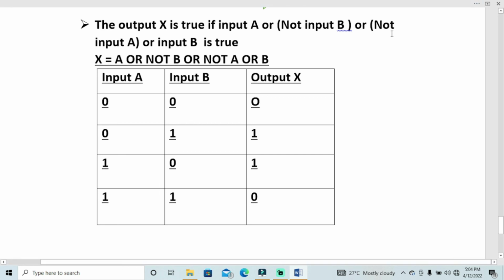So it follows this statement, not A, which means not A is true, but B is actually true, so the output X becomes true. In the other situation, we have A being true and of course not B being false. So B is false and A is true, so the output becomes true. In this situation, we have A true and also B true, which means both of them are true. The nots do not apply, so the output becomes not true.